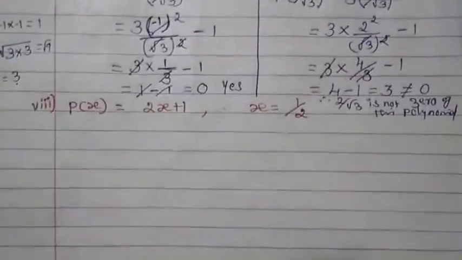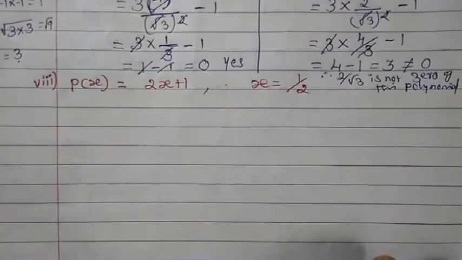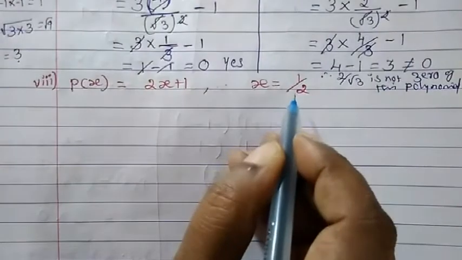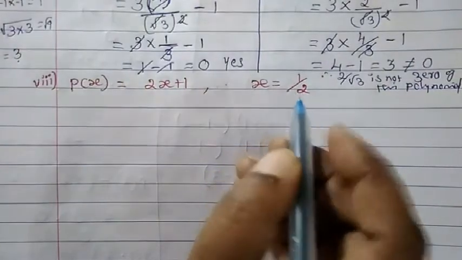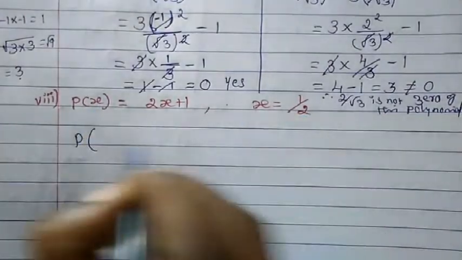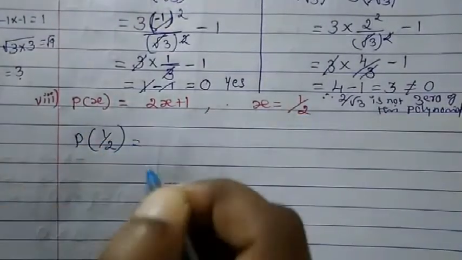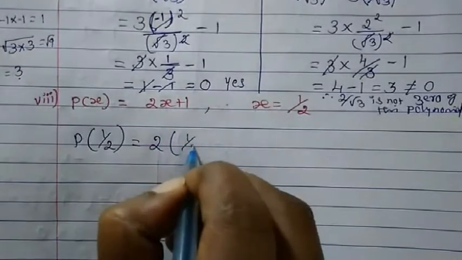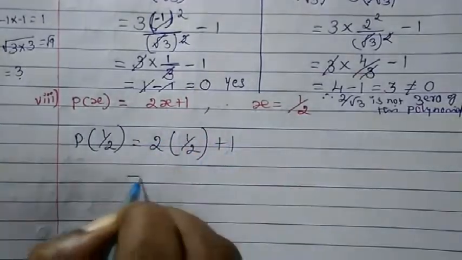So now let's see the last one. Here the value given to us is 1 upon 2. So in the place of x, we have to put 1 upon 2. So 2 in the place of x, we have to write 1 upon 2 plus 1.